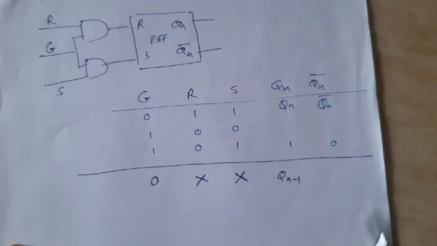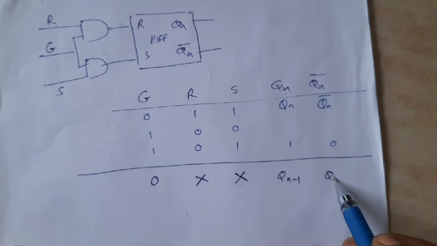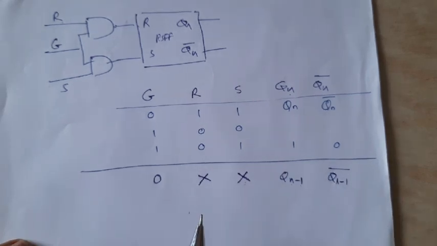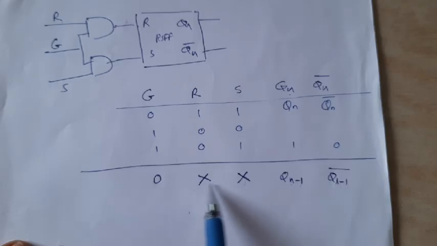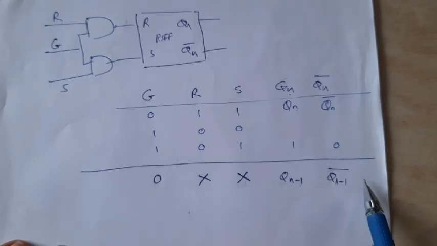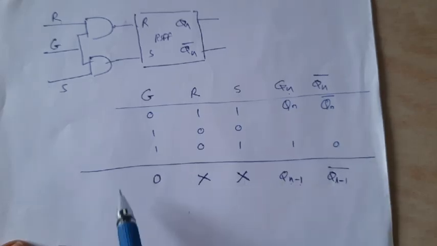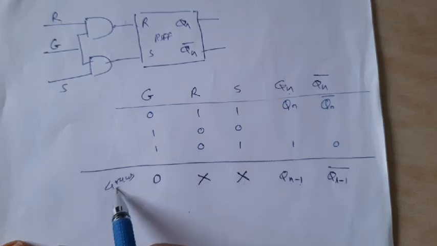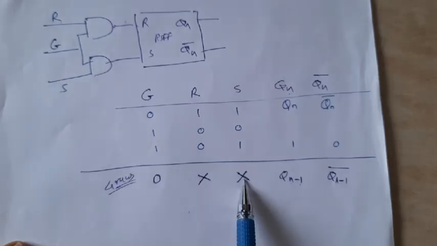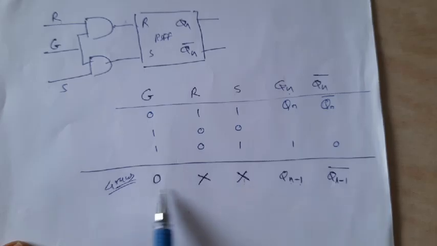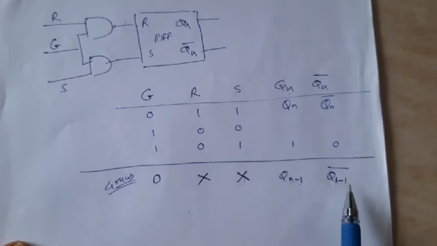Now, what about Qn bar? It is Qn minus 1 bar, previous state as it is. So actually this single row of the truth table includes 4 rows: for 0 0 1 row, 0 1 1 row, 1 0 1 row and 1 1 1 row. Therefore, this is equivalent to 4 rows.